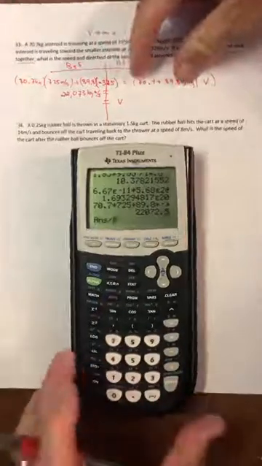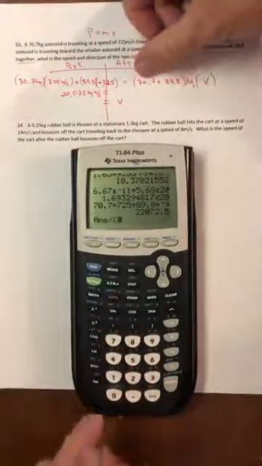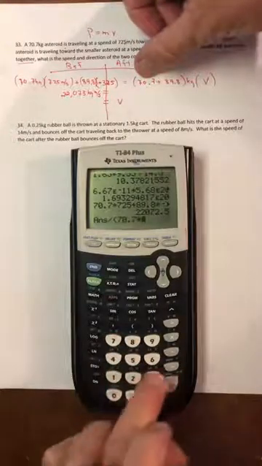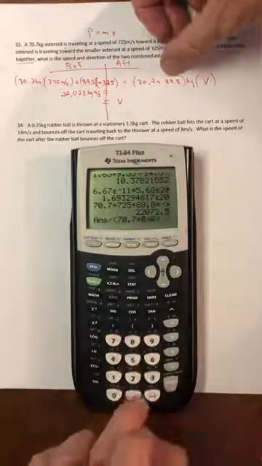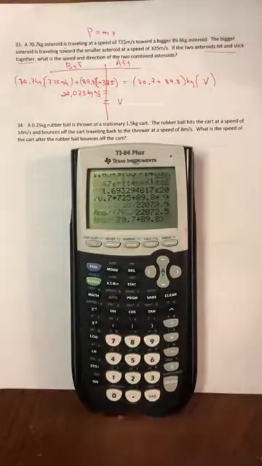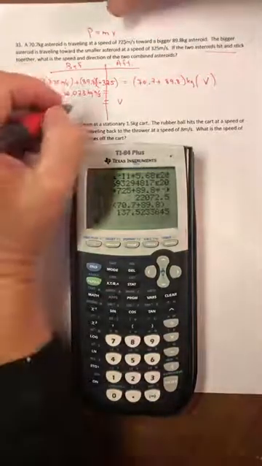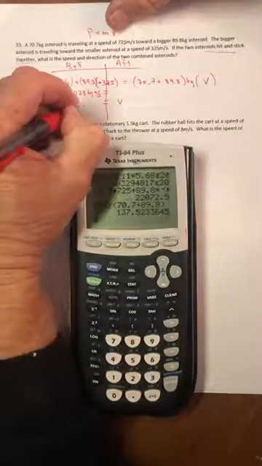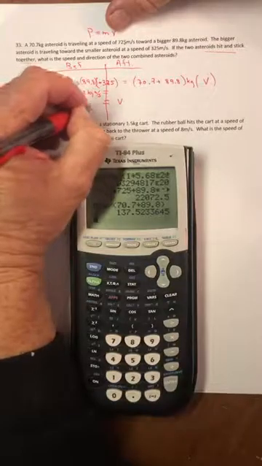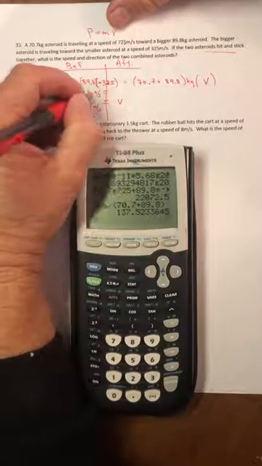So then if I divide it by this total, which would be 70.7 plus 89.8, I will get a final speed of 137.7 meters per second, because kilograms would cancel off on each side.